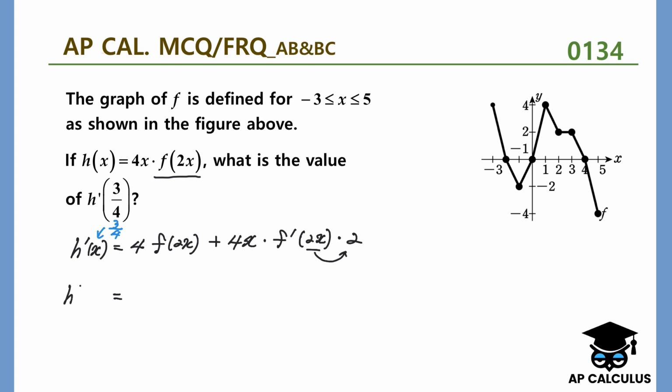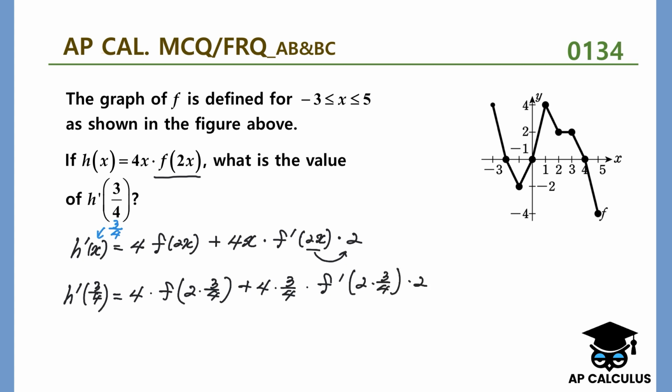So h prime of 3 over 4 is equal to 4 times f of 2 times 3 over 4 plus 4 times 3 over 4 times f prime of 2 times 3 over 4 times 2.